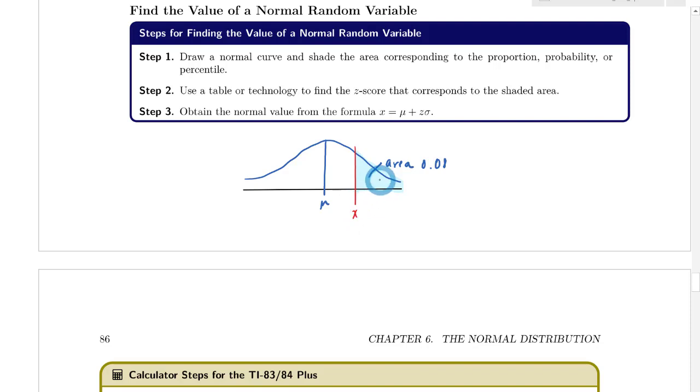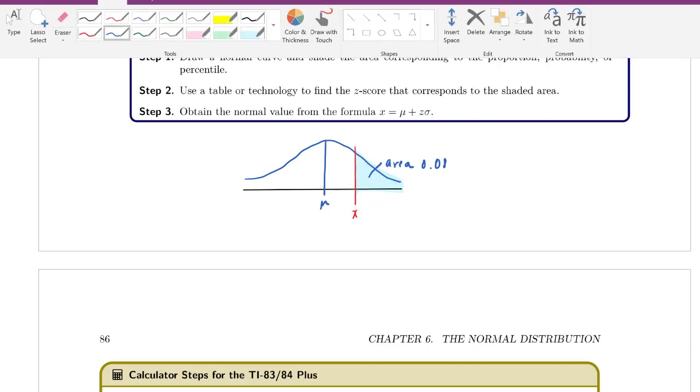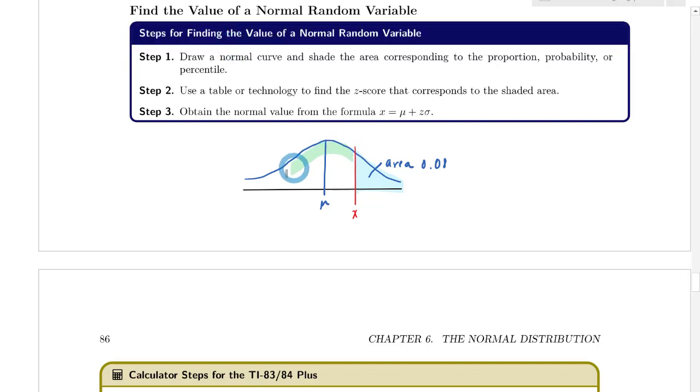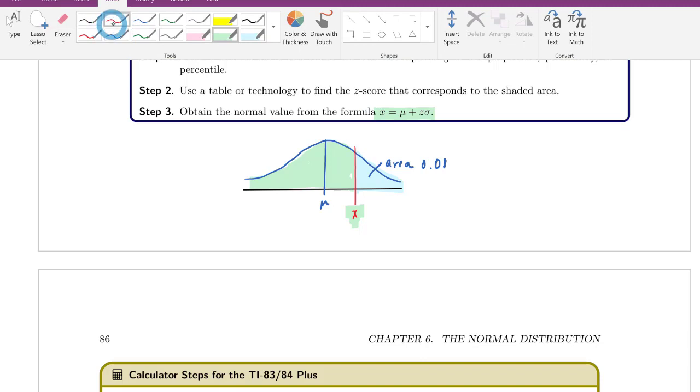Notice they could give us an area to the right of the value, or an area to the left of the value. In any case, we would use this to play with the z-score formula to find x. That's where this formula comes from in the steps above.